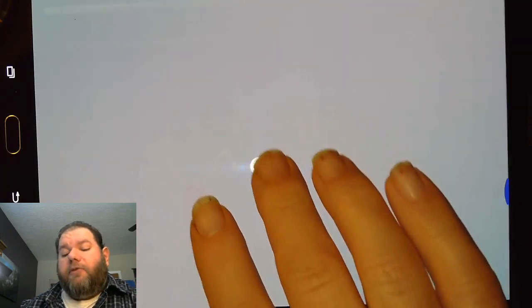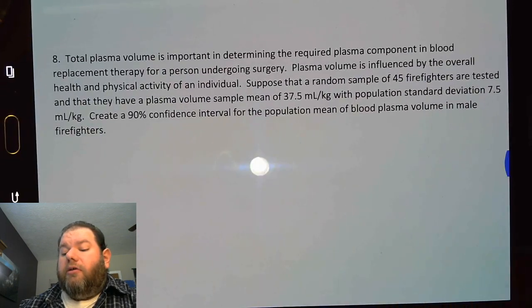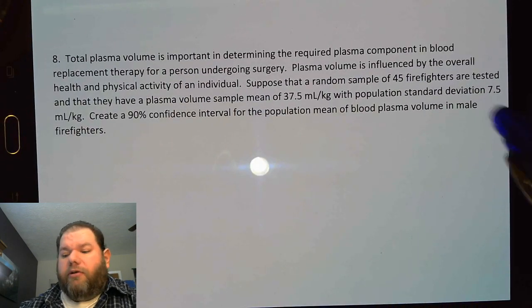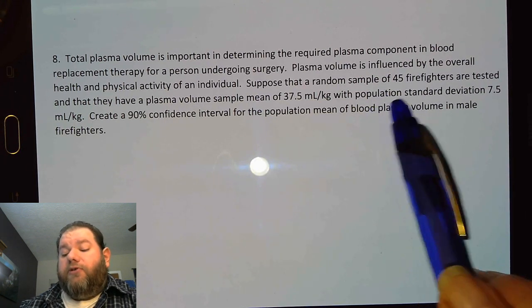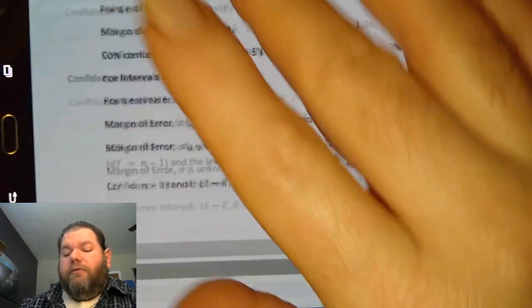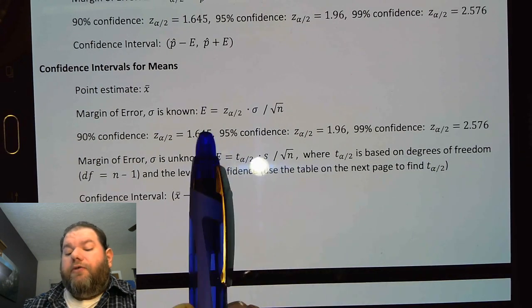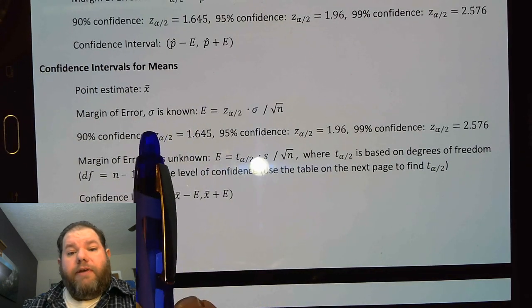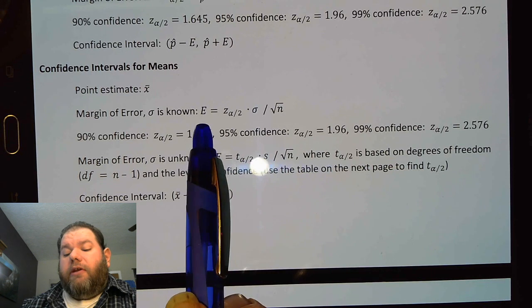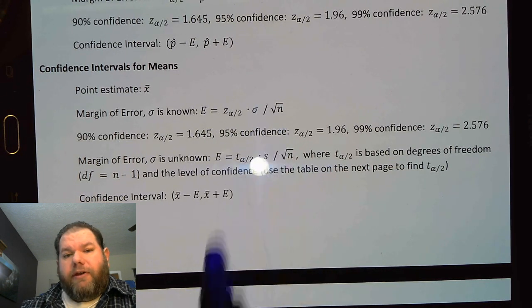We'll talk about that in a moment, because in this case, you can see the keyword here. We know the population standard deviation is 7.5. So we're going to use this first formula since we actually know the value of sigma. So E is z alpha over 2 times sigma divided by square root of n.